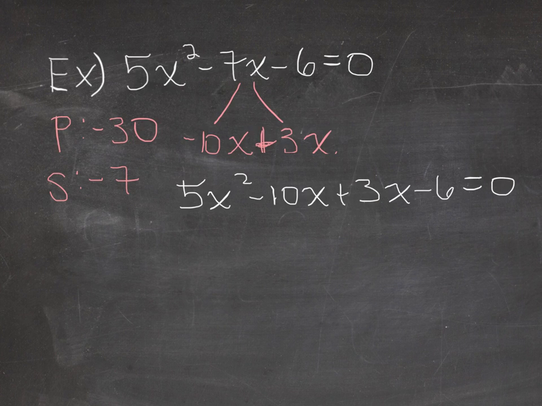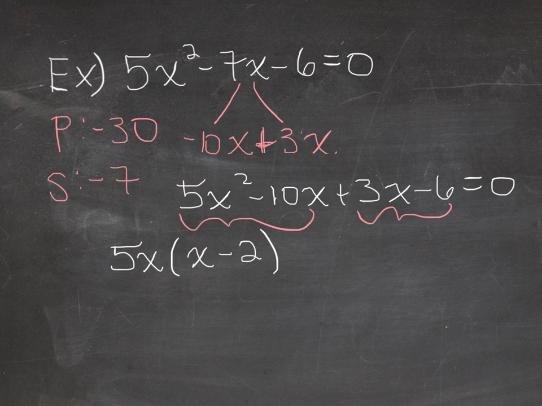And again I take the first two terms and the last two terms and pull out what's common within them. So I have a 5x common in both of these first two terms, and I'll be left with an x minus 2. Plus, my goal here is to get another x minus 2, so I'll pull out a positive 3, and then I'd be left with an x minus 2 equals 0.